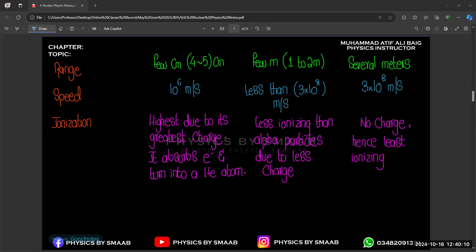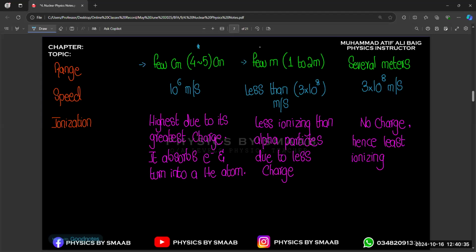Okay. And the next thing is about their range. Okay. And you can see alpha can travel through a few centimeter, around 4 to 5. Okay. They will not ask about the exact number. Again, you can see this is just for your reference.